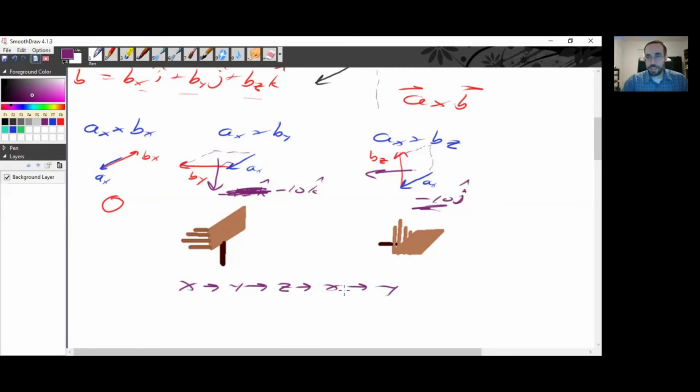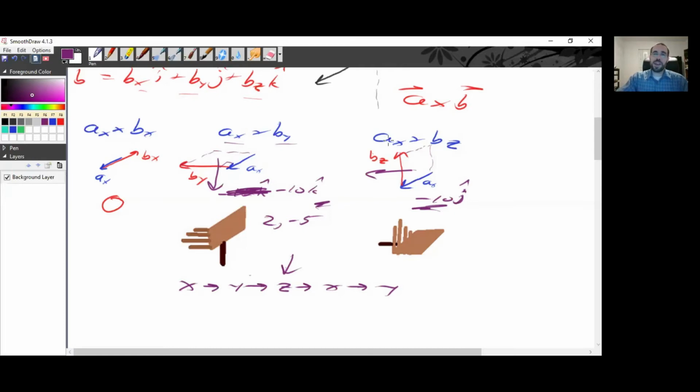This is the right way to go. So when we go from X to Y, we get a Z direction, K hat, and all that we have to essentially do is multiply the numbers, the coefficients, to their unit vectors. So since we had a 2 and a negative 5, we just multiplied them by each other to get negative 10 because we were going in the right direction.